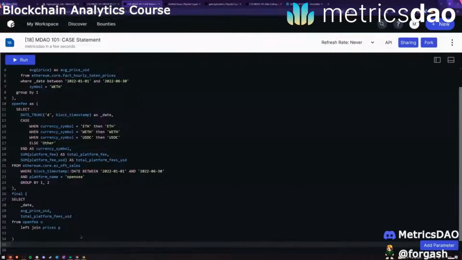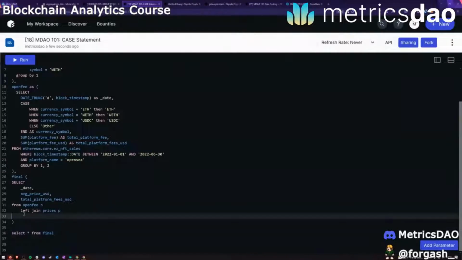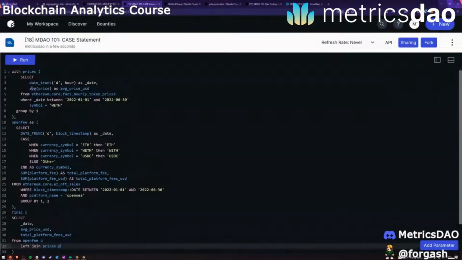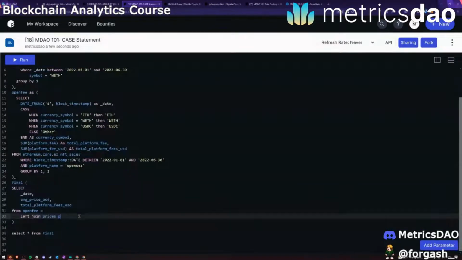But there still needs to be a query at the end of this. So I would need to do something like this to ultimately tell Snowflake that this is what's being selected. Here's all the transform that's happening in a 3-step process where we're getting prices, we're getting fees, then we're joining them together, and then just go grab all that.